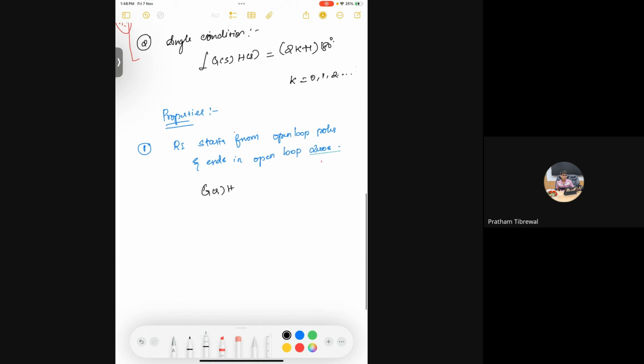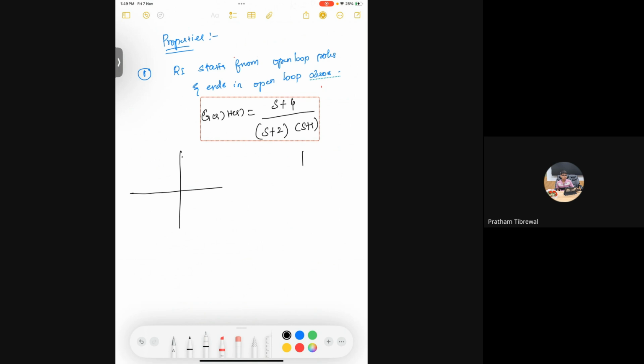If my G(s) H(s) has s plus 4 in the numerator and s plus 2 and s plus 1 in the denominator, let's take that.